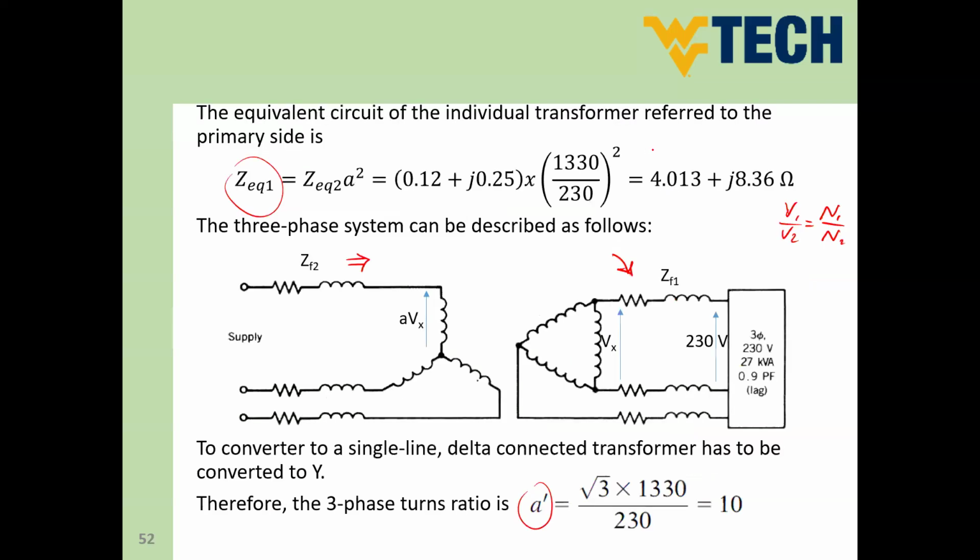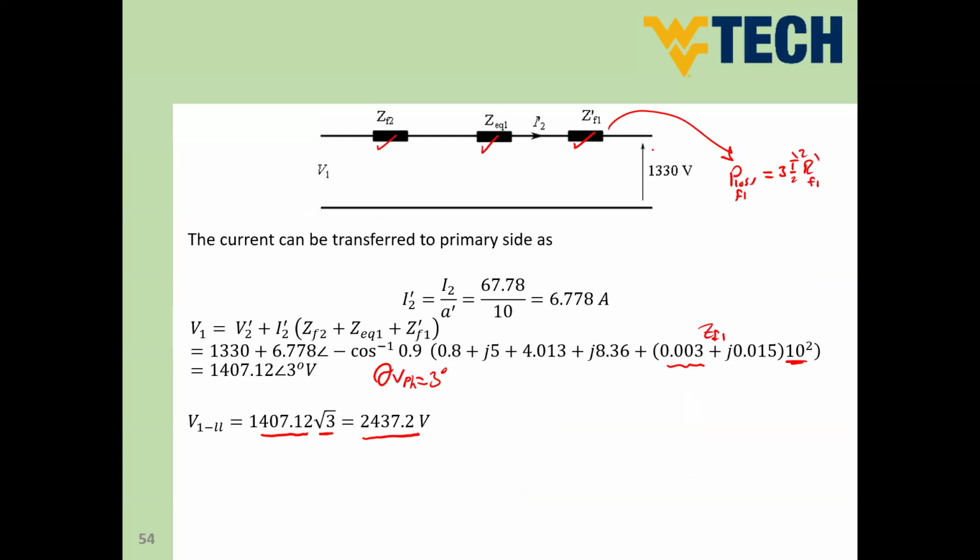If you would like to calculate the other feeder loss, so I can say here P loss feeder 2 equals 3 times I2 prime square, the same current, times R feeder 1. Sorry, this is feeder 2. R feeder 2.